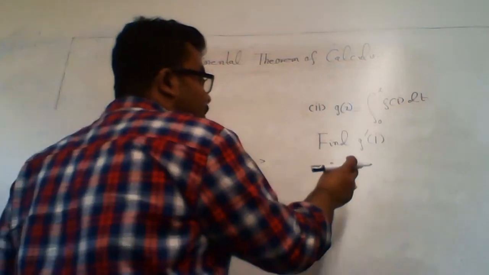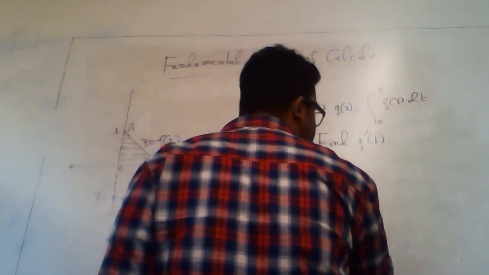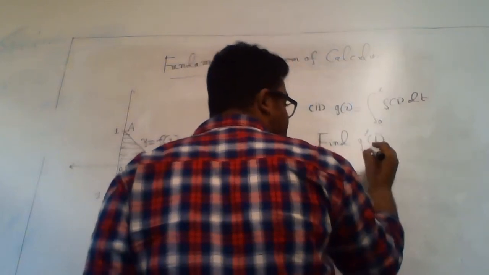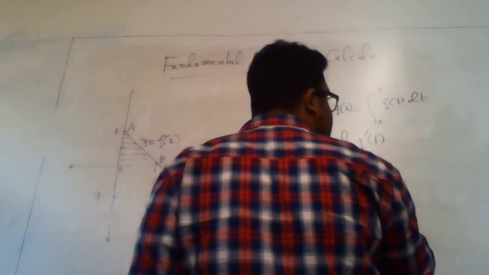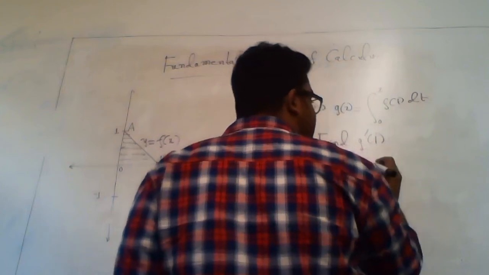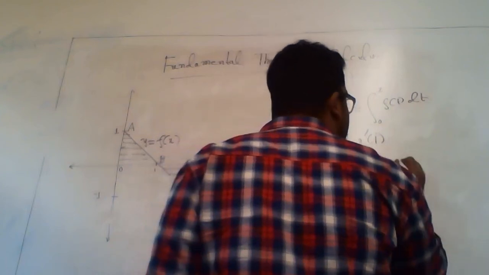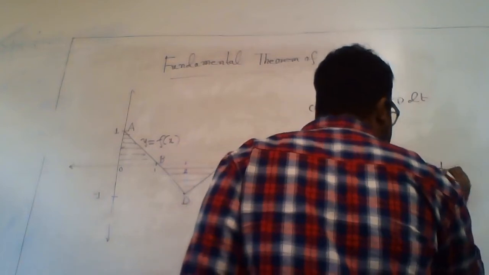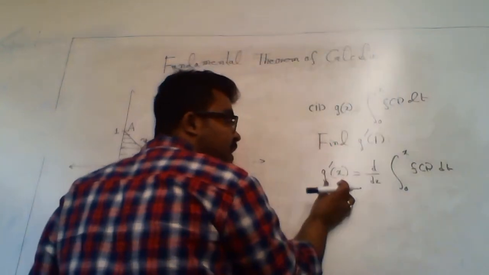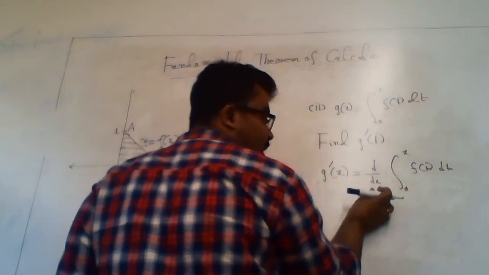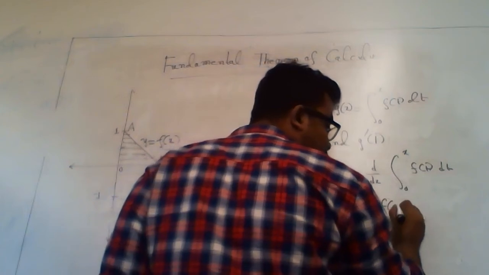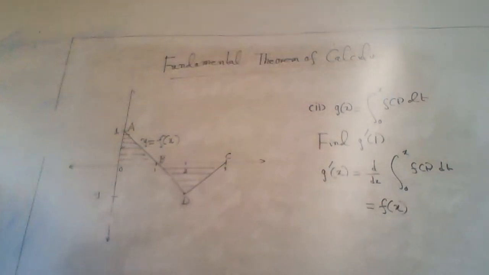First of all, let's find g prime x. By the fundamental theorem of calculus, g prime x will be just f(x), because g prime x is d/dx of the integral from 0 to x of f(t) dt. Because this is g(x), its derivative will be d/dx of this, but then differentiation and integration cancel each other, and I'll be left with just f(x).